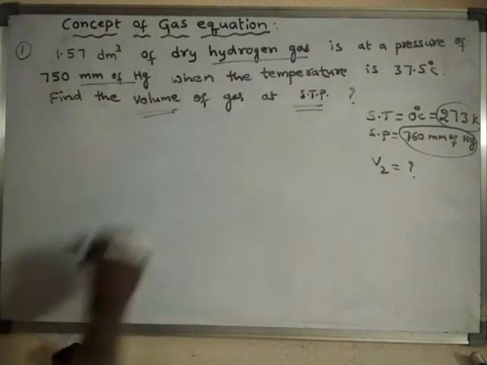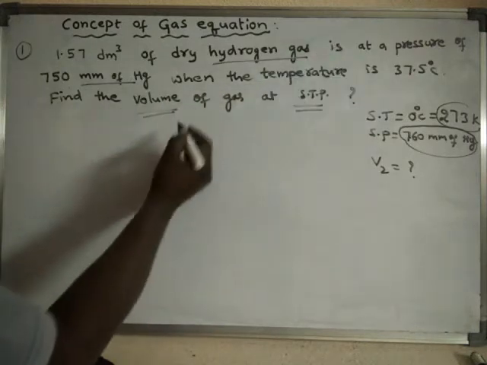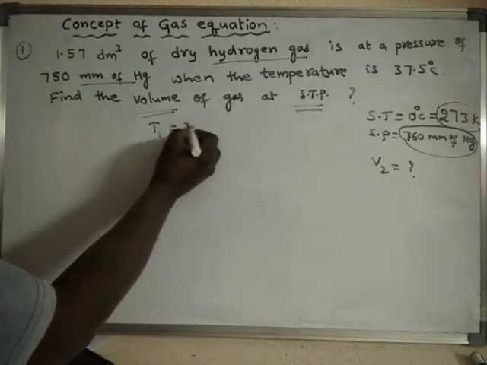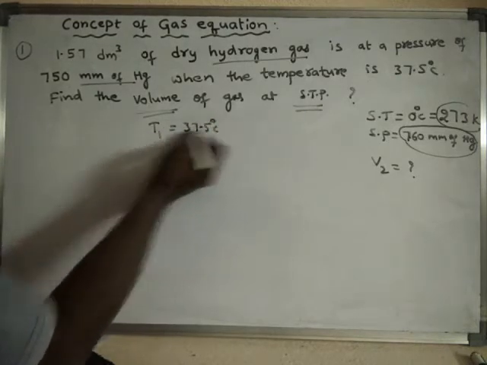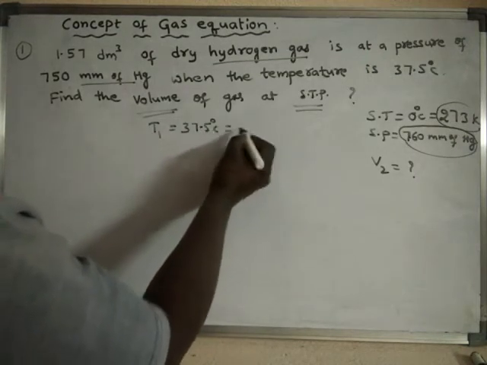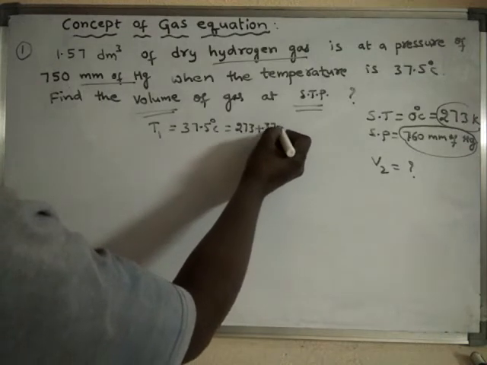What are the initial conditions? Initially the temperature is T1, which is 37.5 degrees centigrade. We have to convert it into Kelvin, so simply add 273 to 37.5.